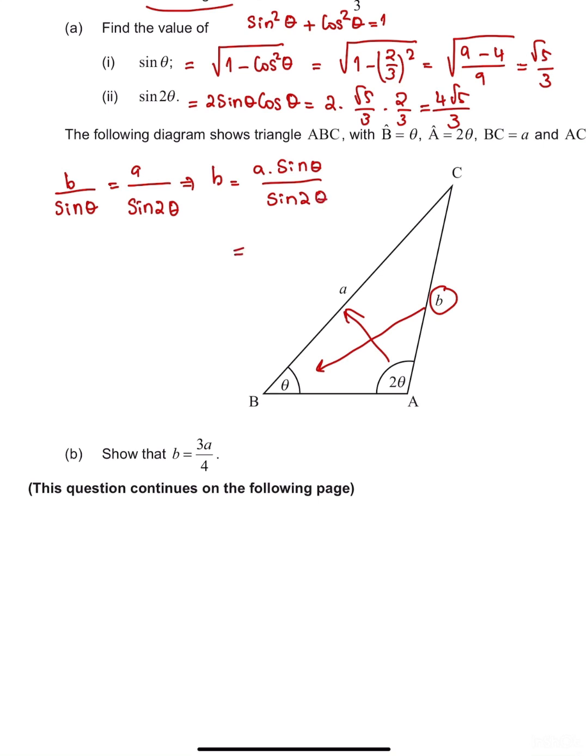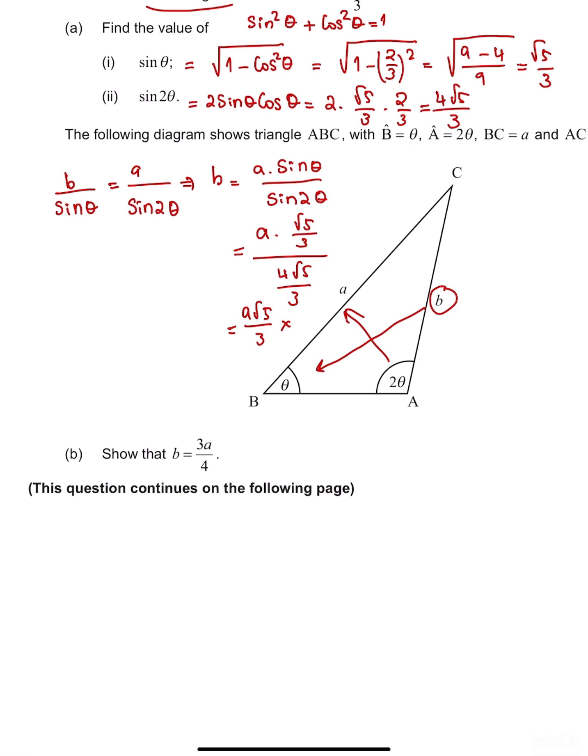Then plug in sine theta and sine 2 theta that we found from above. So square root 5 over 3 divided by 4 root 5 over 9.